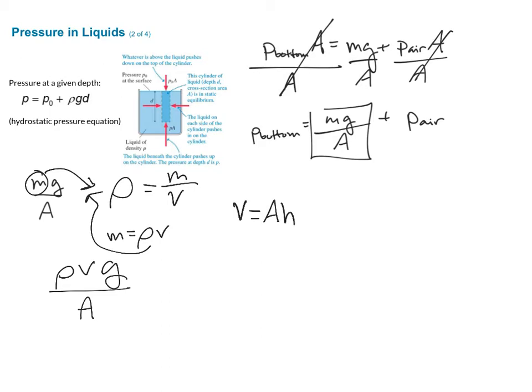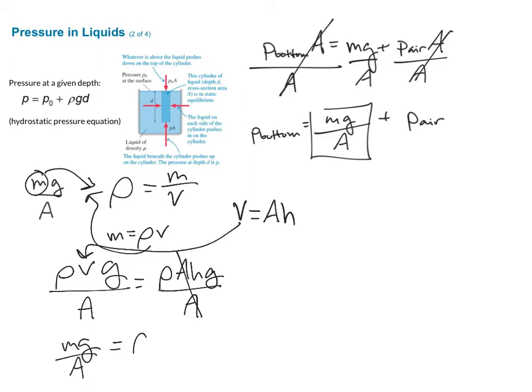So we're going to use that for V. We're going to say this is equal to rho AHG over A, which makes the A's cancel, and you get that mg over A equals rho HG, which we can exchange for this term right up here.